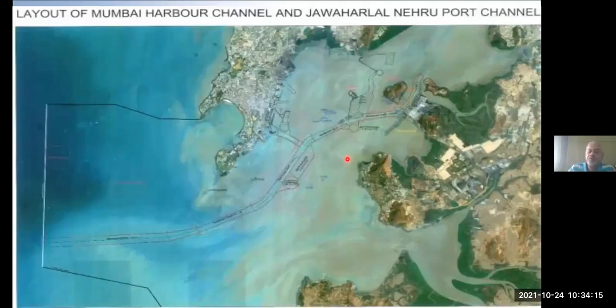So that is why you have these approach channels, which are dredged to bring ships with maximum cargo and maximum capacity. The channels are dredged, and just outside the channel, water may not be so much.